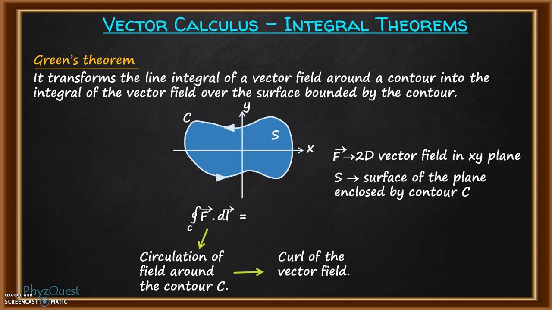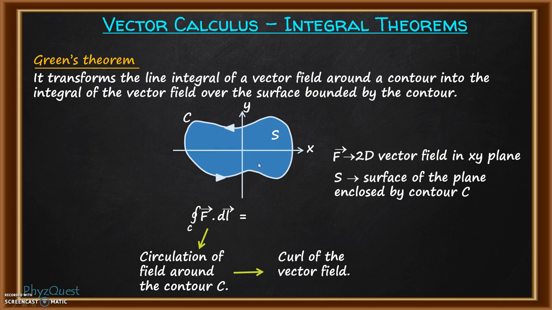Now the curl of the vector field is applied to a three-dimensional scenario because it has three components. Here the situation we are considering is a two-dimensional case because we are considering the xy plane. If the field is lying in the xy plane and we want to take its curl, we can only have the z component of the curl.